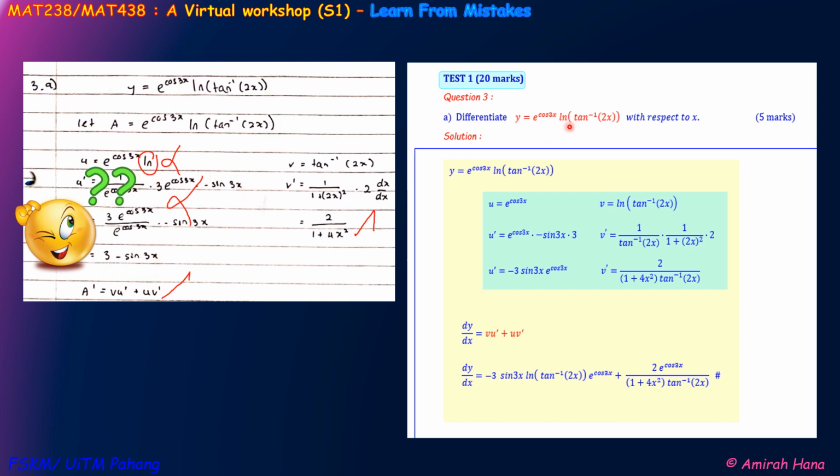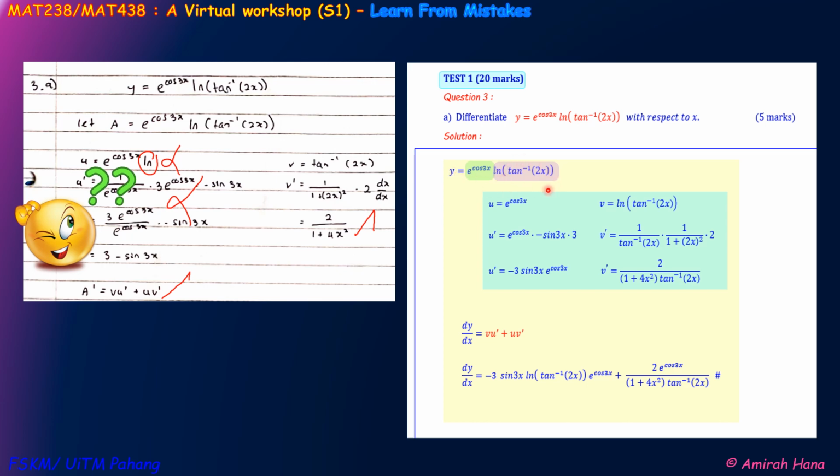So, cara sebenarnya, from y equals e to the power of cos 3x, yang ni dia satu perkara. And then, darab dengan, hubungan dia sebenarnya darab. Darab dengan ln inverse tangent to x. Means inverse tangent to x ni dia dalam ln, to x ni dalam inverse tangent to x ni dalam ln.